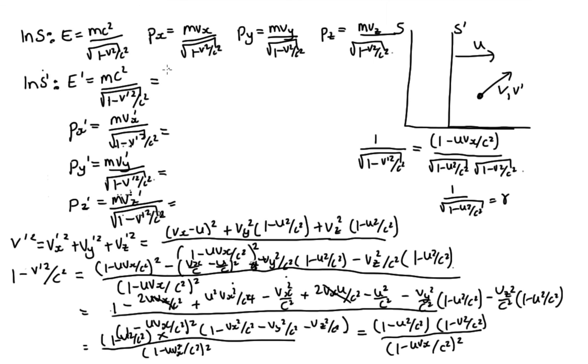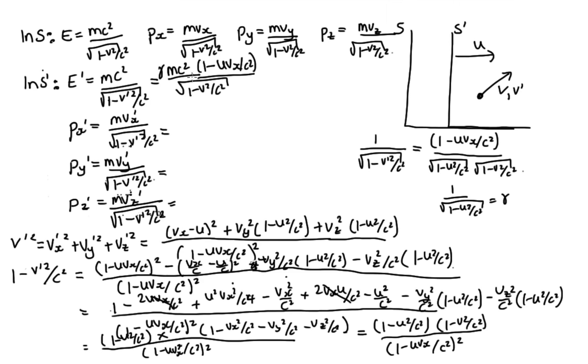So we've still got the mc squared on the top. Now we've got the gamma from the 1 over the square root of 1 minus u squared on c squared, so let's put that out the front. And then we've got 1 minus u vx on c squared over the square root of 1 minus v squared on c squared.